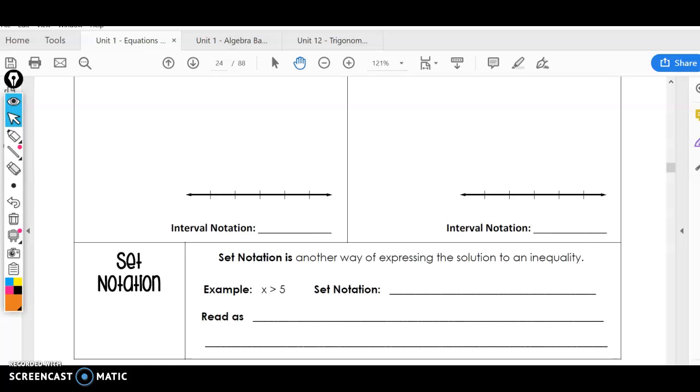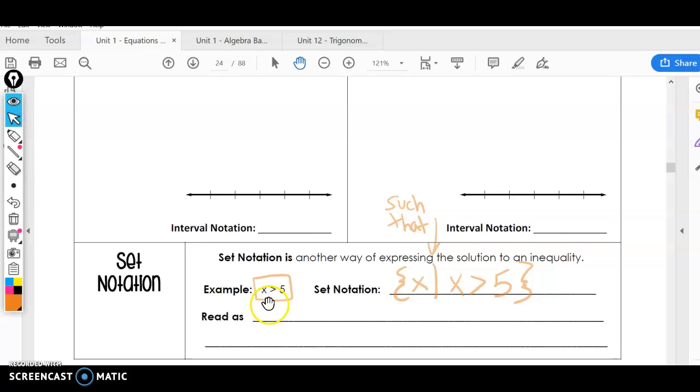Back at this front page, we need to talk about the other type of notation, other than interval notation. It's called set notation. For example, if we want to write x is greater than 5 in set notation, it would look like curly bracket x, big bar, that's going to mean such that, and then you write your example, x is greater than 5, end it with another curly bracket.